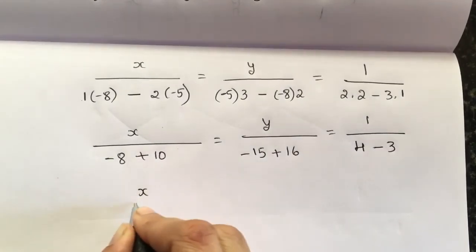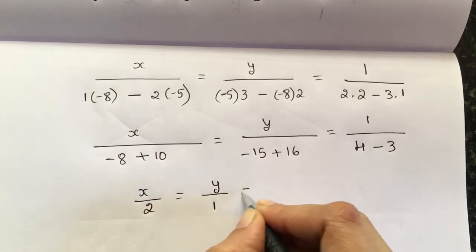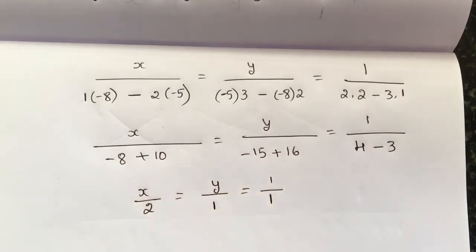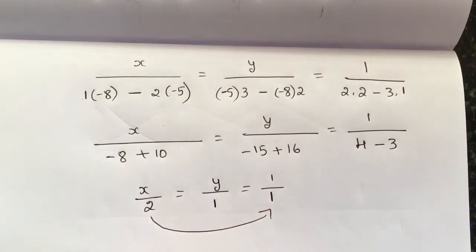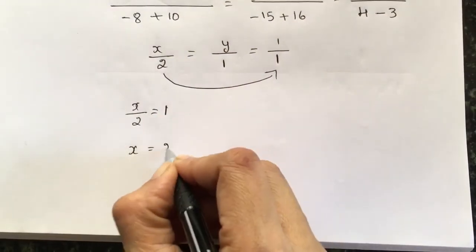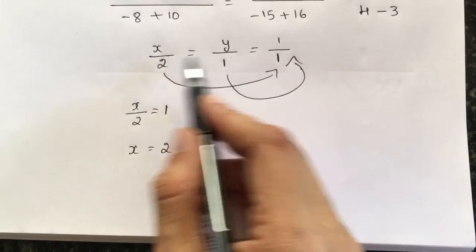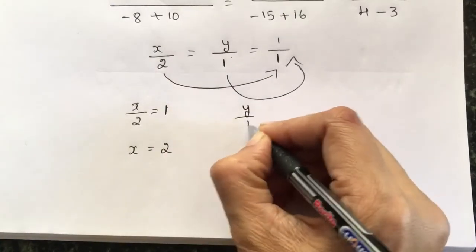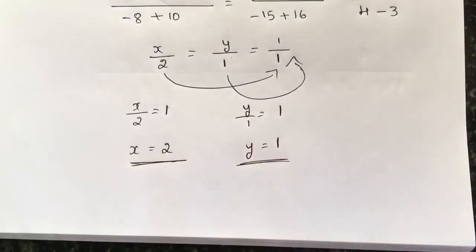So x divided by 2 equal to y divided by 1 equal to 1 by 1. That means x by 2 equal to 1, so x equal to 2. Then you take this, because it's a constant which is equal to both, so y by 1 equal to 1, so y equal to 1. Got the values of x and y.